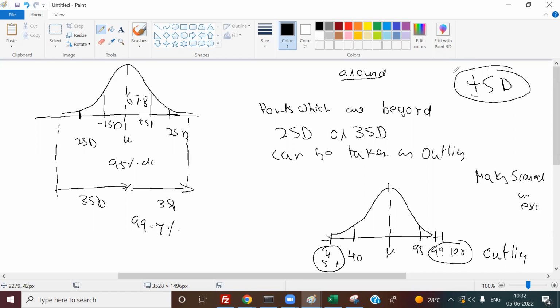That this distribution can also be used to find outliers. Outliers are the events which are rare events, you can say, which are far away from the mean.